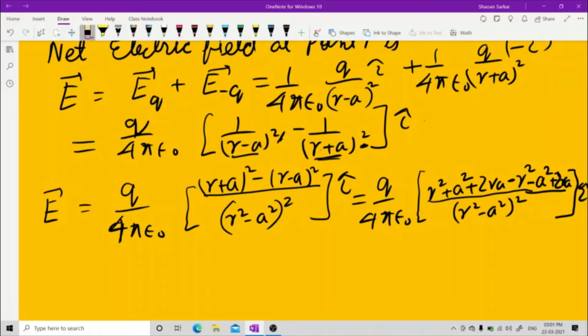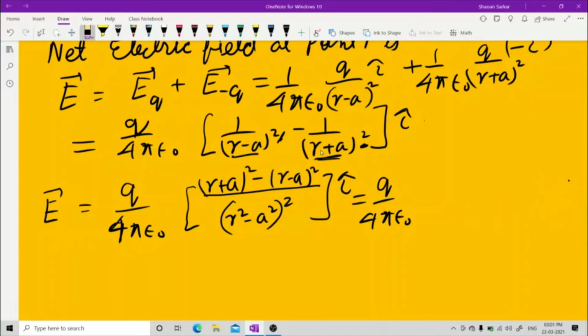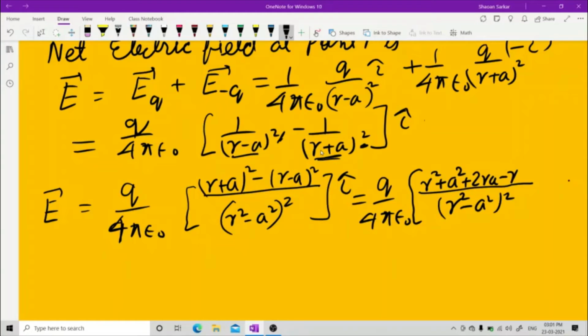Wait a minute, let me rewrite the whole thing again. Yes, here it is: q by 4 pi epsilon naught over (r square minus a square) whole square, into r square plus a square plus 2ra minus r square minus a square plus 2ra, i cap.